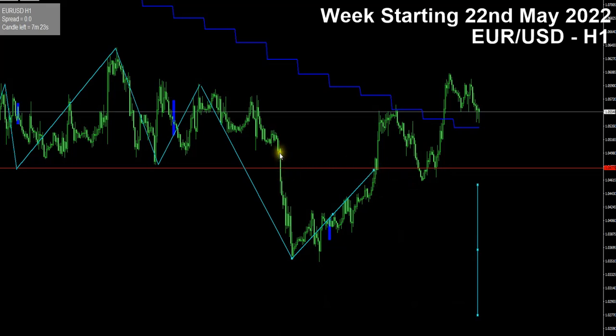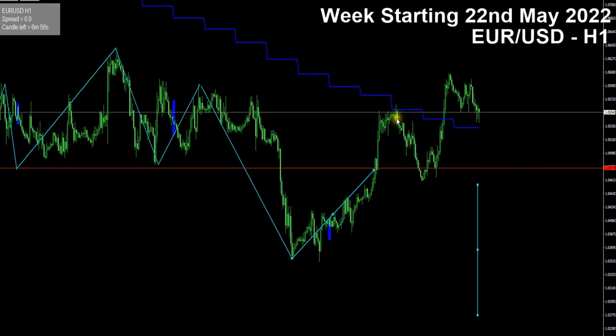Just as last week price burst through this zone, that's exactly what happened this week. Price burst back above the zone and headed up towards our multi-time frame moving average. Now this again, although it's an indicator, is where we can often base levels and see where price might reject. And you can see that that's exactly what price was doing.